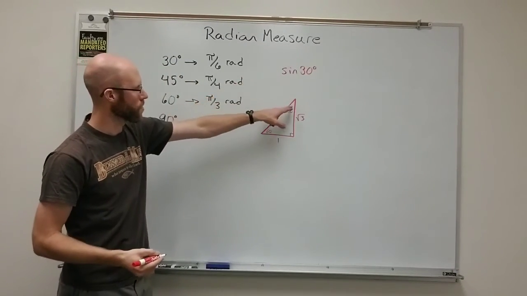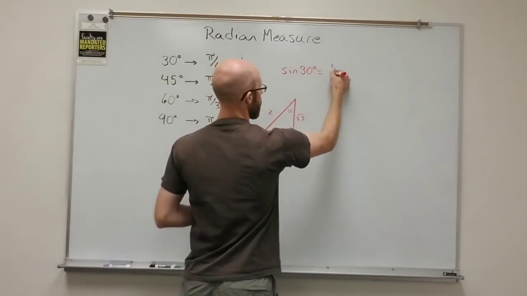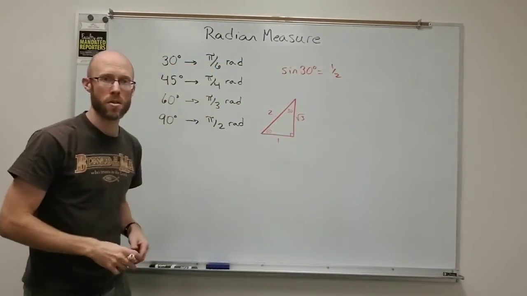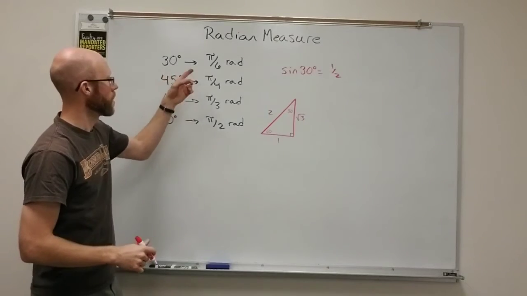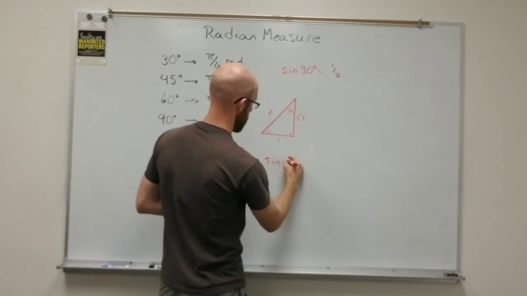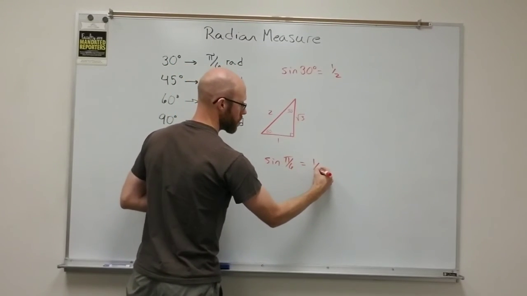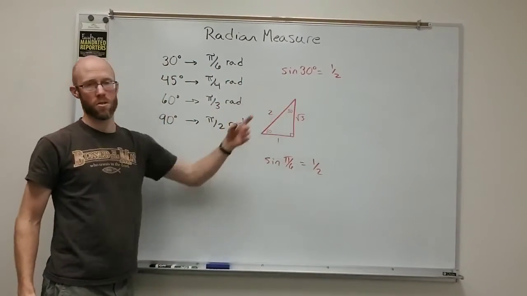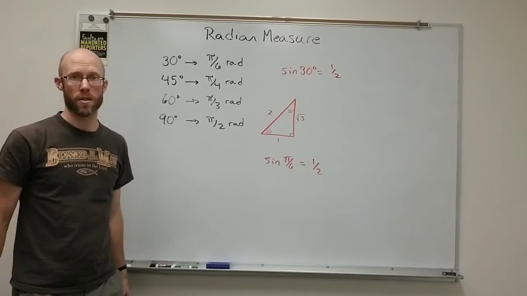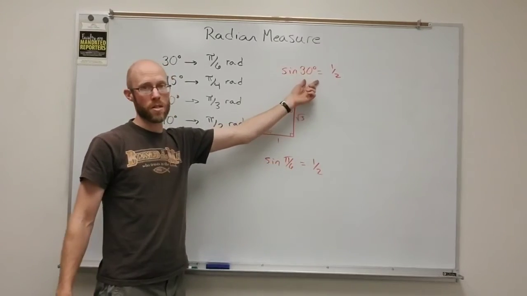The sine of 30 is opposite over hypotenuse, that's 1/2. Well, in a similar way, the sine of pi over 6 is also 1/2 because pi over 6 and 30 degrees are the same thing. It's the same angle, as long as you're dealing with radians here and degrees here.